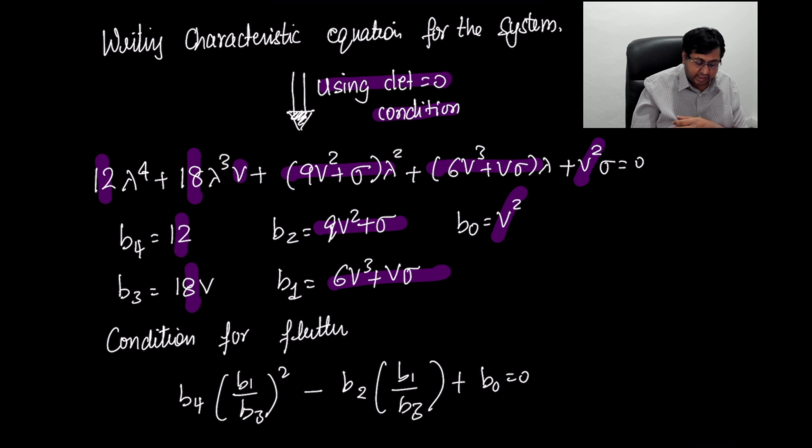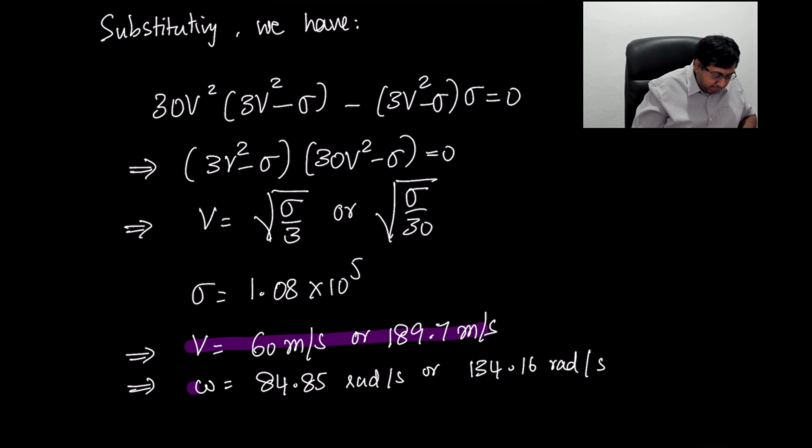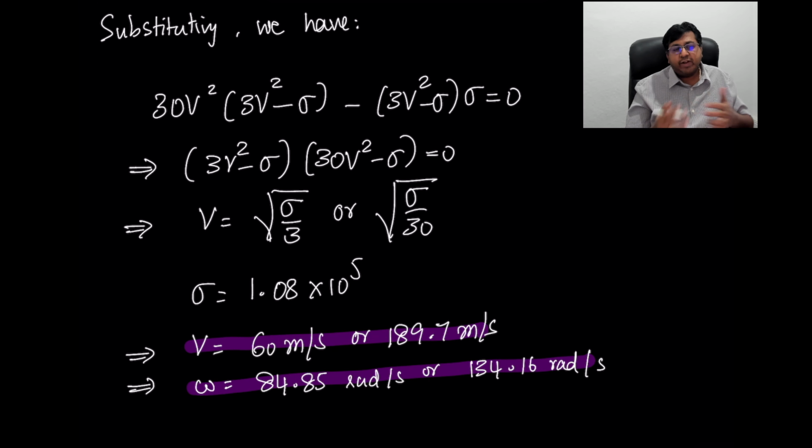Once we substitute and solve, we get two speeds, which are our critical flutter speeds. Similarly, we can get the flutter frequencies as well. So once you know the equation of motion for the system, this is a very simple way to calculate the critical flutter speed and the corresponding flutter frequencies.